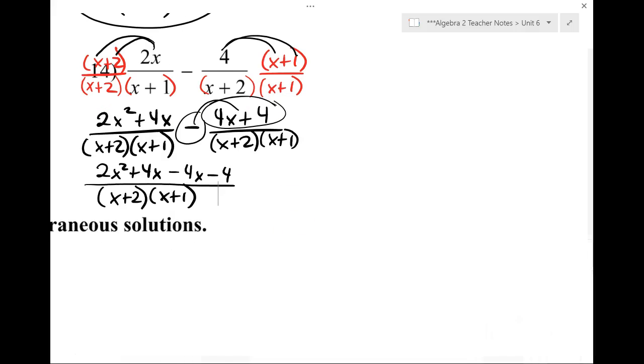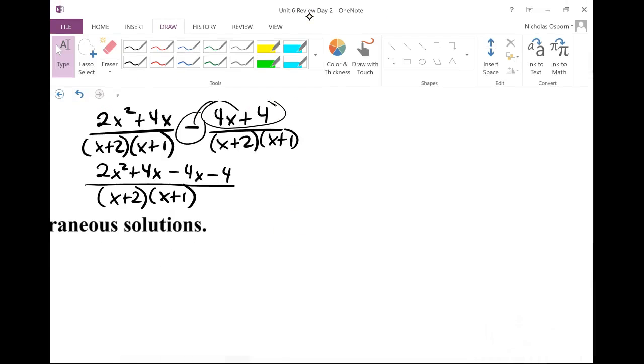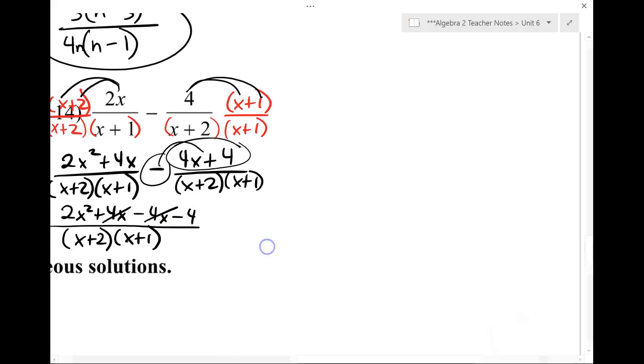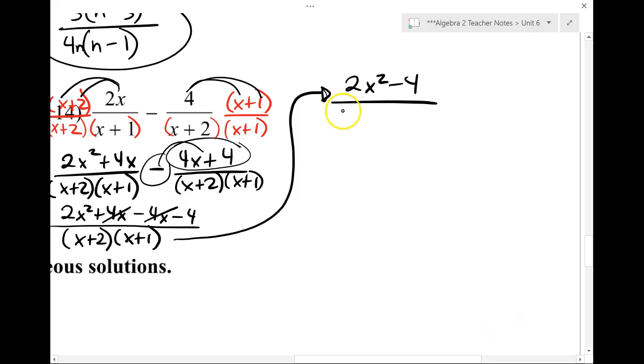Now, as you guys can probably already tell, I can actually eliminate some of these terms because I have 4x, or sorry, 4x minus 4x, so that just goes away. And so what I'll do is bring this up here and rewrite it with 2x squared minus 4 on top and x plus 2 times x plus 1 on the bottom.